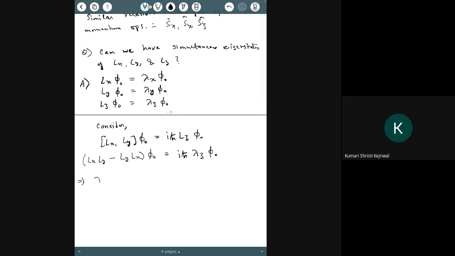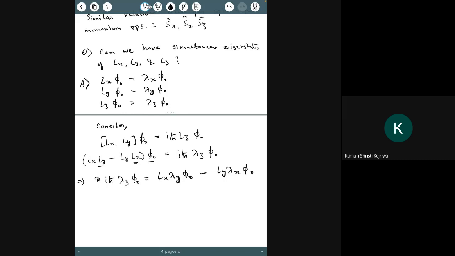Then iħ lambda z phi 0 is equal to then, okay, let's do the first one. Okay, so Ly acting on phi 0 gives me lambda y phi 0. I have Lx left. And Lx acting on phi 0 gives me lambda x phi 0. Ly left.